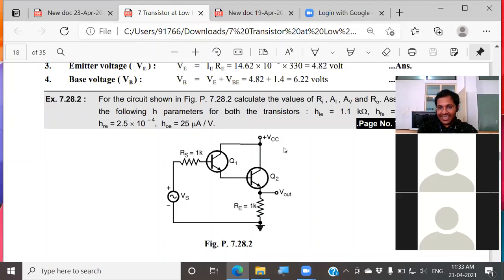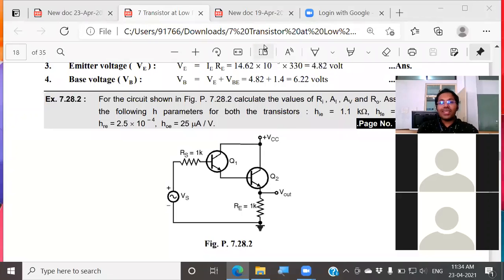Now let us analyze what is the input resistance for this particular Darlington pair. As I told you, these transistors are connected like this. This is a Darlington pair, two transistors connected together in this form. Now when we make an amplifier using this combination of transistors, this is a Darlington amplifier.